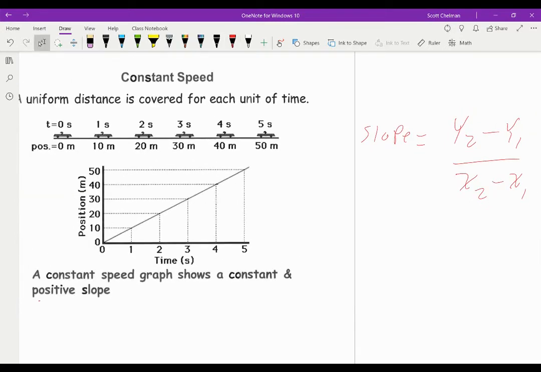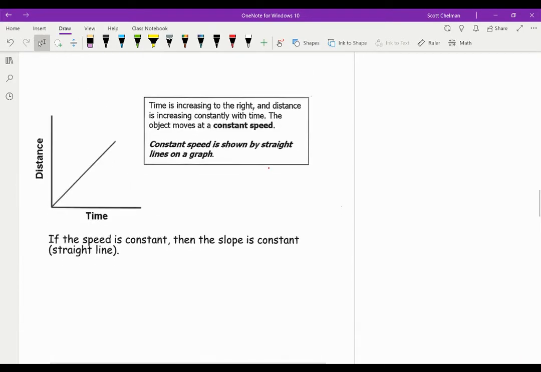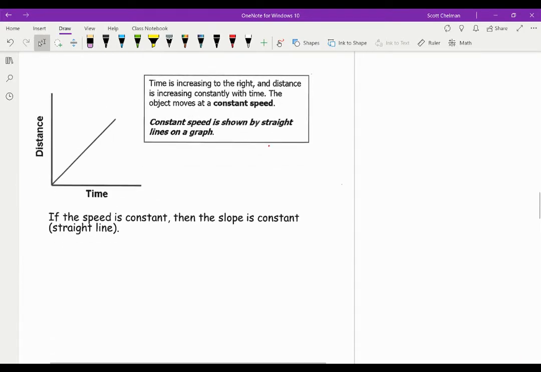So, if we look back at this one and the other one, if we have y over x, we have distance over time. And if we're dividing distance by time, what do we get? Speed. Therefore, the slope of this line is speed.